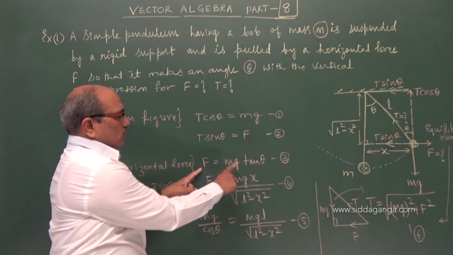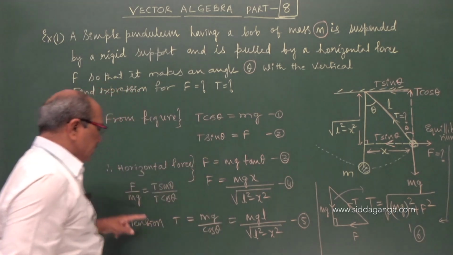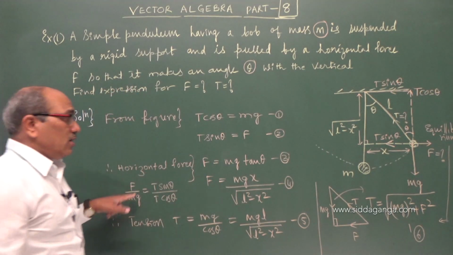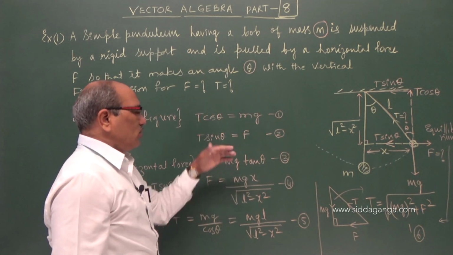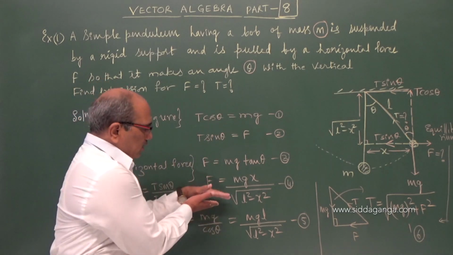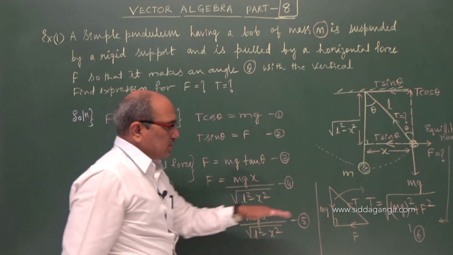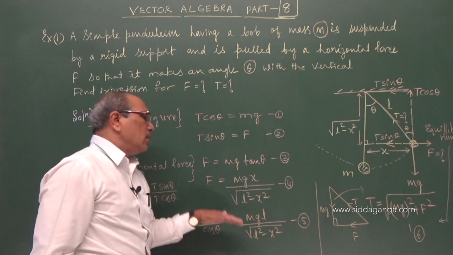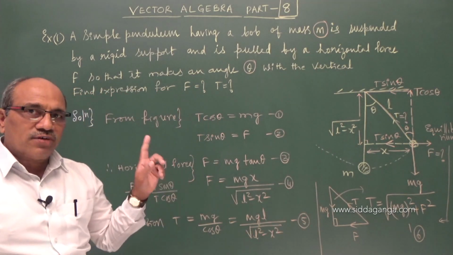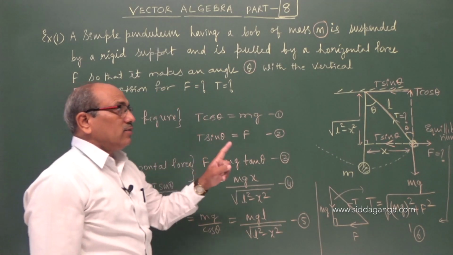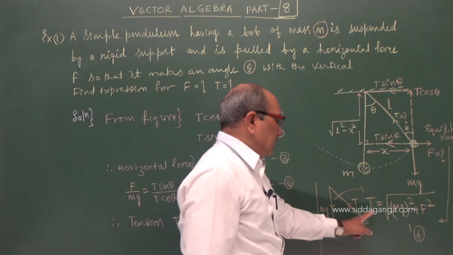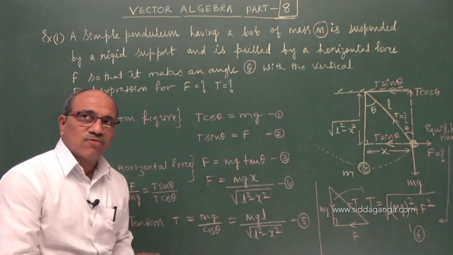Even here F equal to mg tan theta we got, where again theta is known and m is known, so it is over. But I took the 4th, 5th and 6th for convenience. Sometimes when they do not give theta but give L, then we can go with these relations. I hope you have followed.